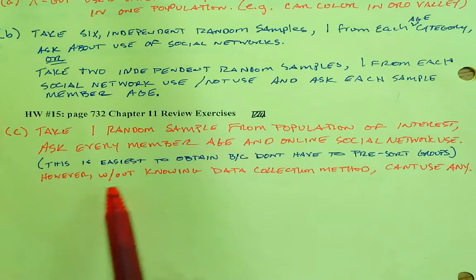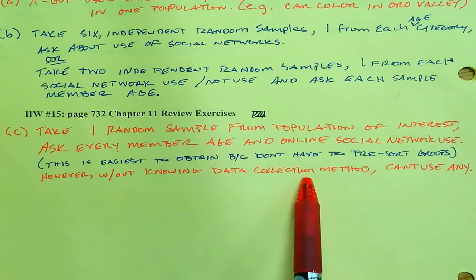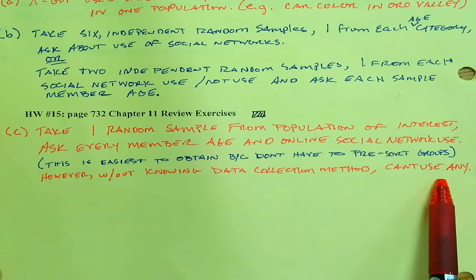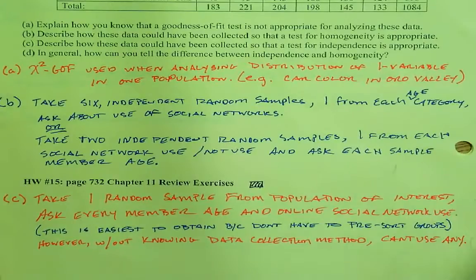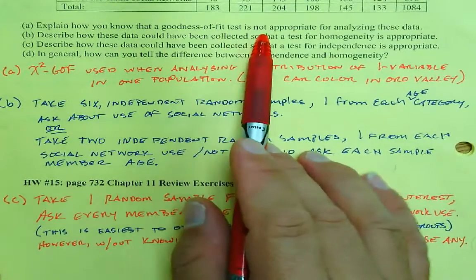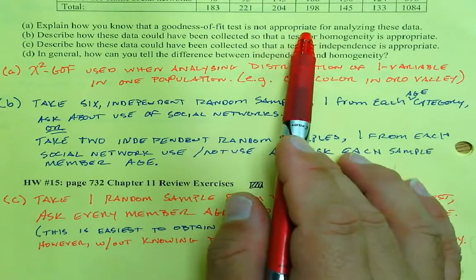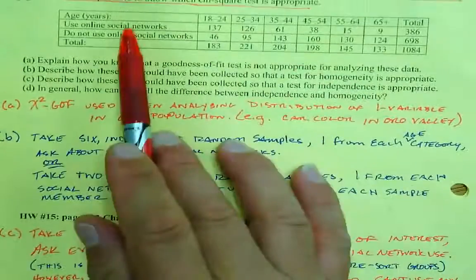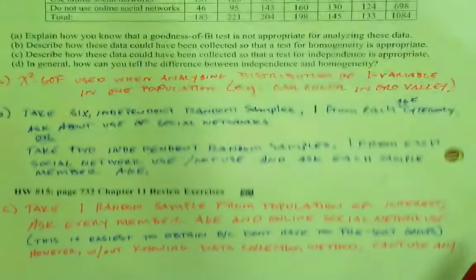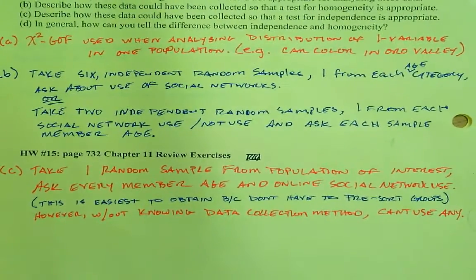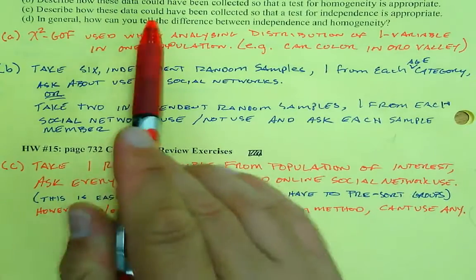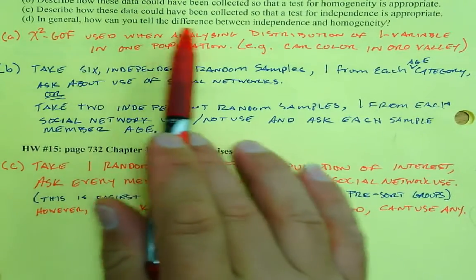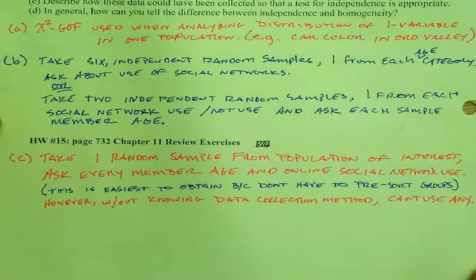Additionally, without knowing how our data was collected, we can't use any of our inference methods. So, no good for goodness of fit. But homogeneity versus independence, if we don't know how this data was collected, we can't just do a test and have valid results.